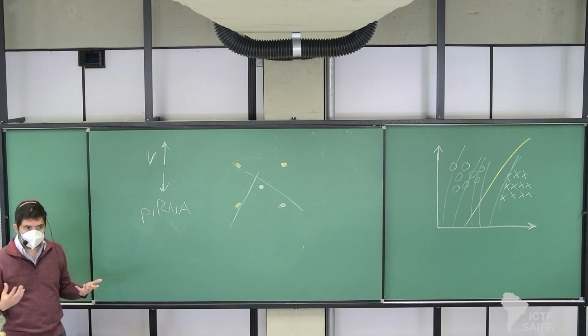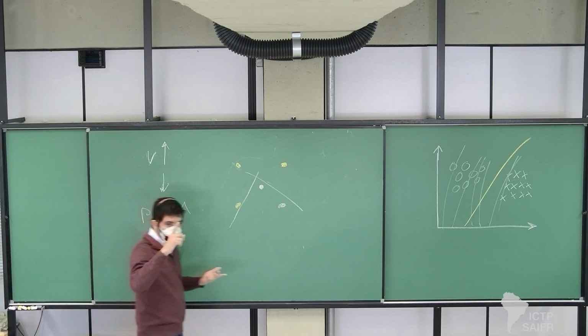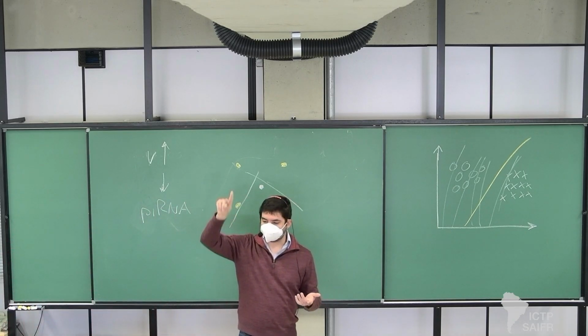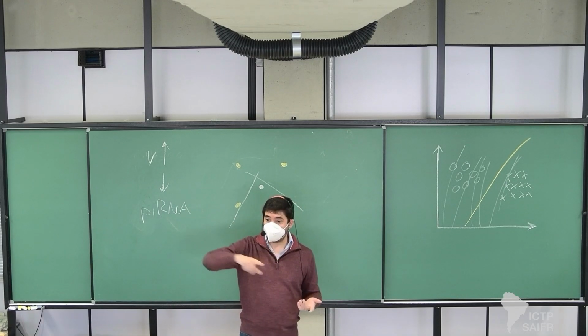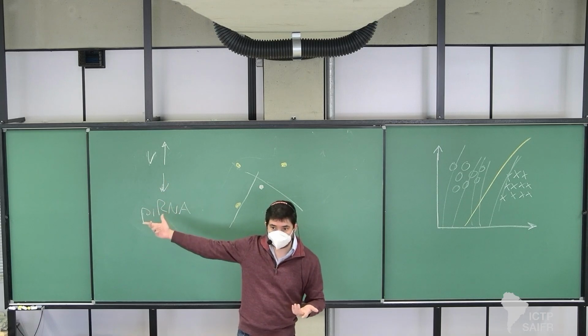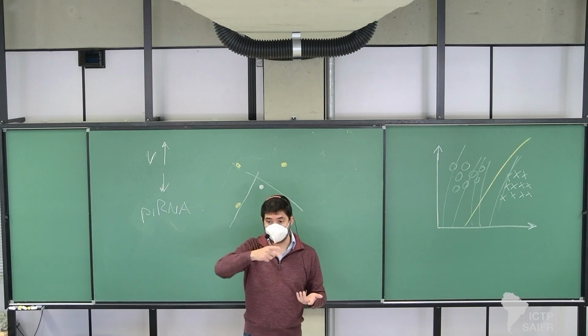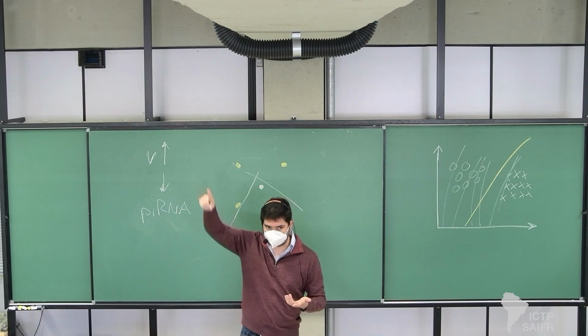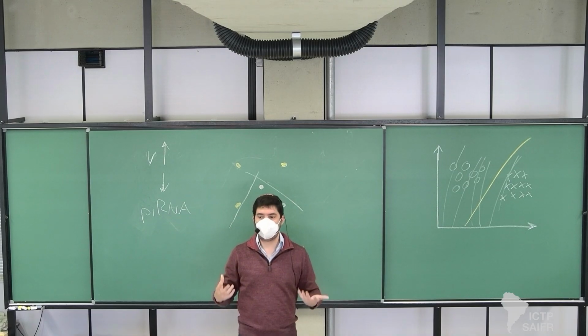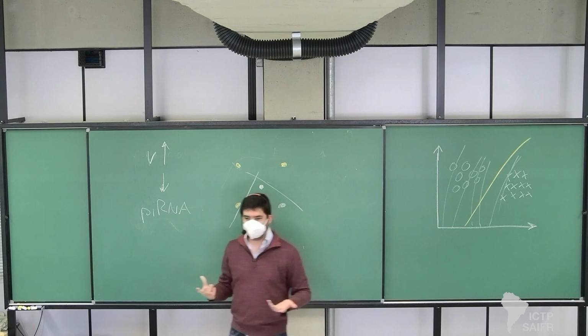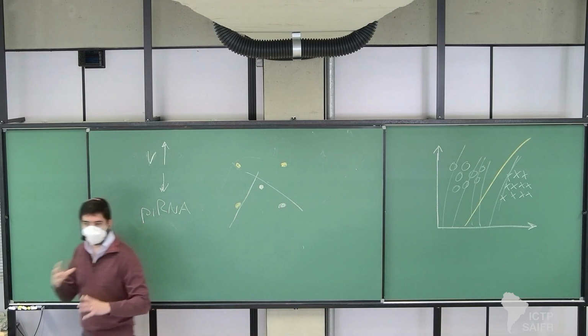Remember the bias-variance trade-off. If you have many weights, you are going to have a neural network with very high variance depending on your data. So probably you are going to memorize your data. So you have to think about this trade-off, okay?